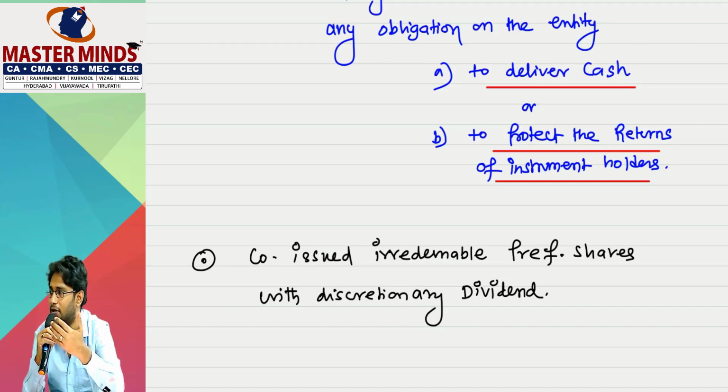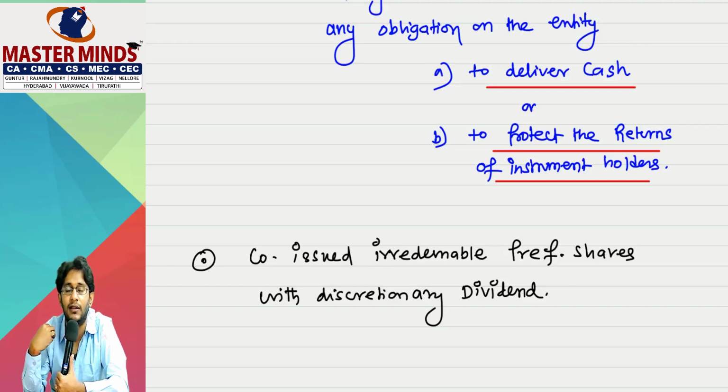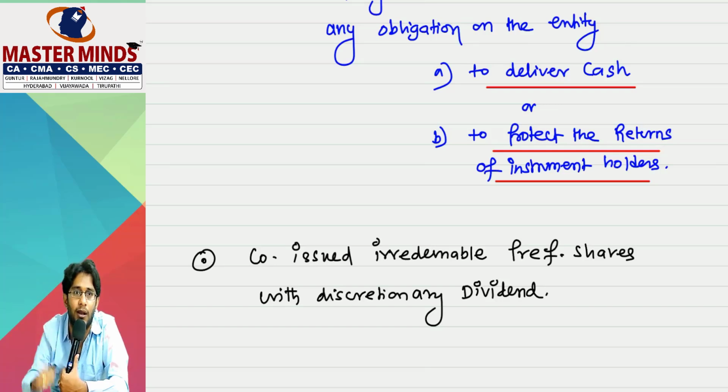There is a difference also. There is a difference between the holder demanding payment versus the company paying if it wants to pay. There is a lot of difference. It will become a financial liability only if the other party has a right to demand, which creates an obligation on my head. If it is optionally redeemable at the option of the entity, then it cannot become a financial liability because I don't have an obligation to pay.